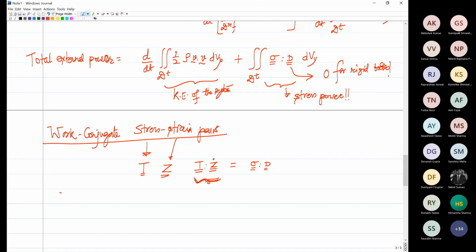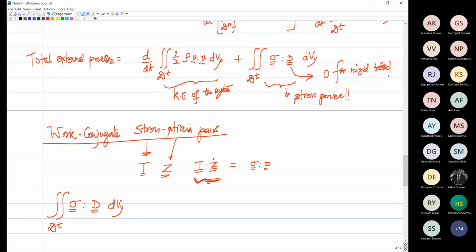So first of all, let me write this down dt as sigma double contraction D, and I want to see what is the work conjugate strain measure for first Piola-Kirchhoff stress tensor, let us say. So this is sigma double contraction D, dVy. By the way, this D is not time derivative of anything, isn't it?